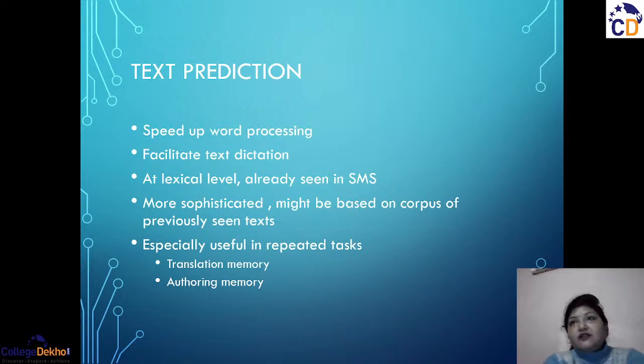You may be typing this word, and it is going to predict it. Automatically it is giving me suggestions. It facilitates text dictation also. You might come across a situation where you want to translate something, so you use language understanding software. Like I am working with some MNC that is using Chinese.